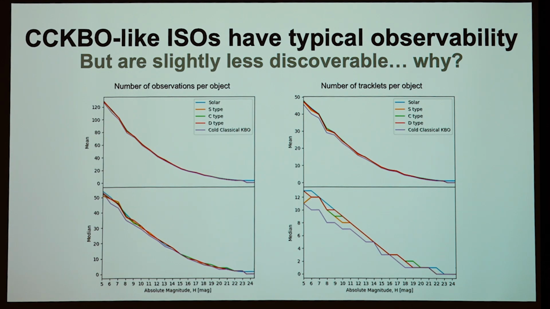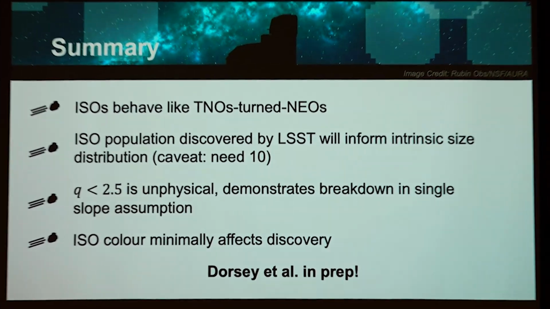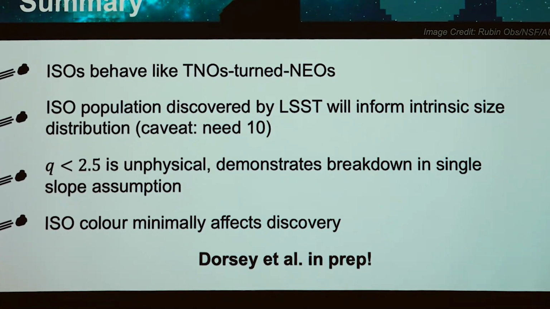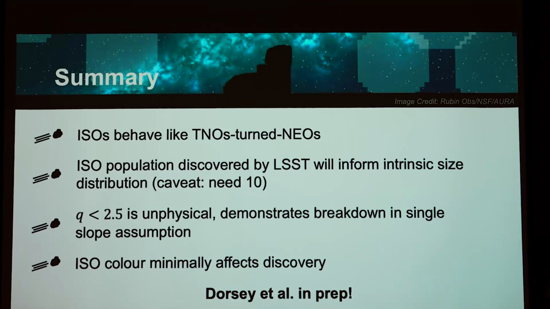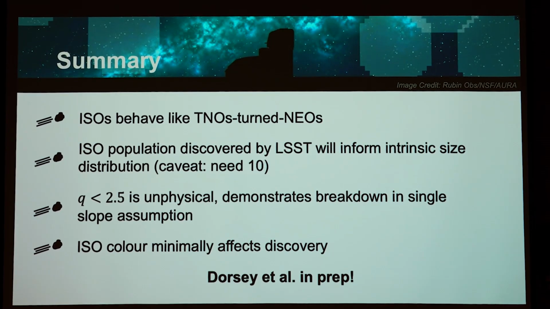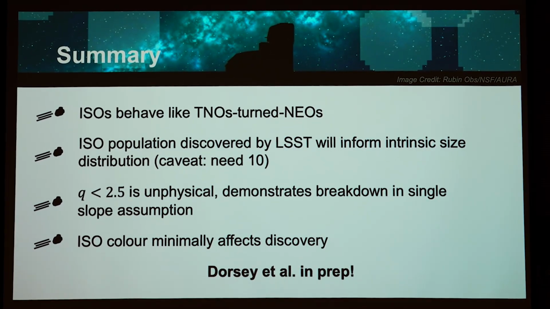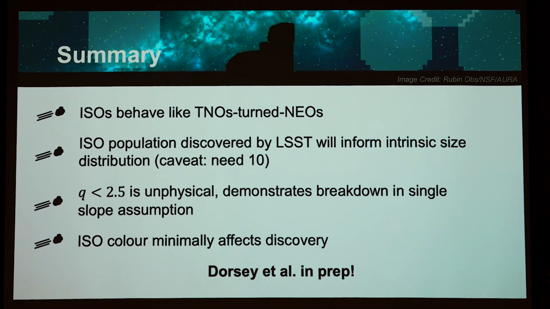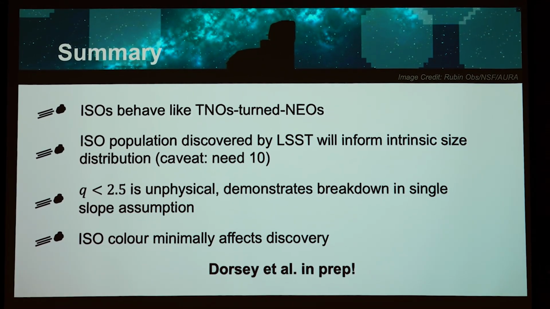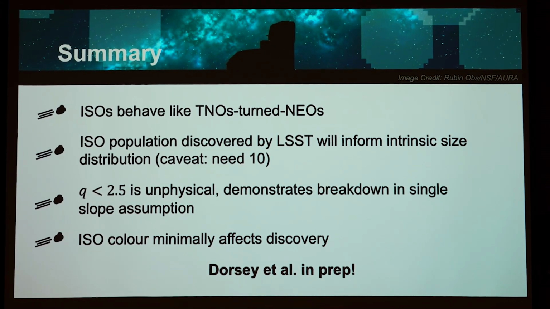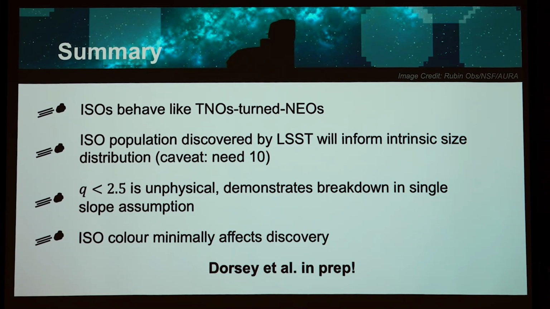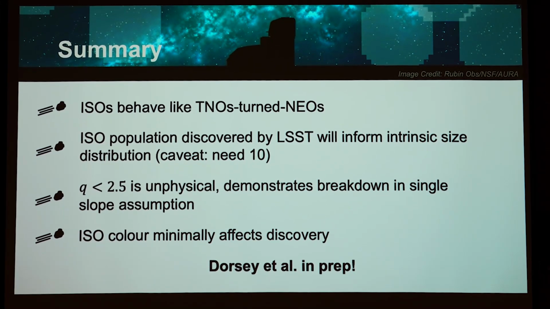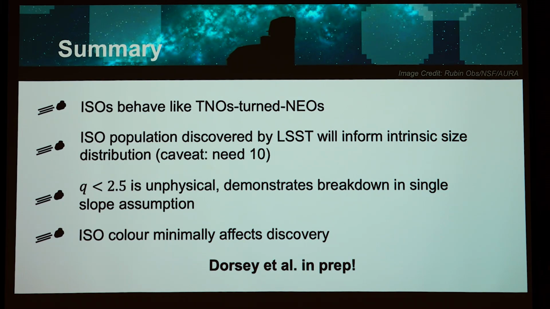So that is why the cold classicals are slightly less discoverable than the other types, but only by a couple of percent. And so to summarise, based on the current state of our modelling, interstellar objects behave like TNOs when they're at TNO distances, which is great, and they behave like NEOs when they get much, much closer, extreme NEOs. The number that we need to discover from LSST to get a decent size distribution constraint is 10 if we want a loose constraint, and 50 if we'd like a little bit more.